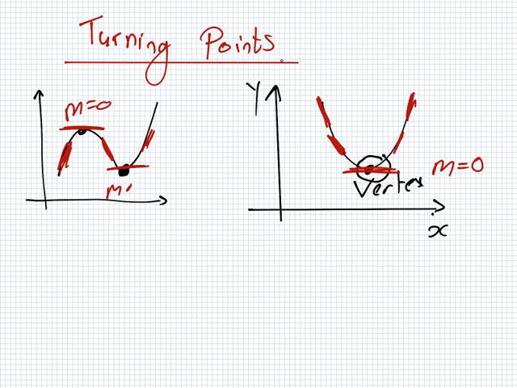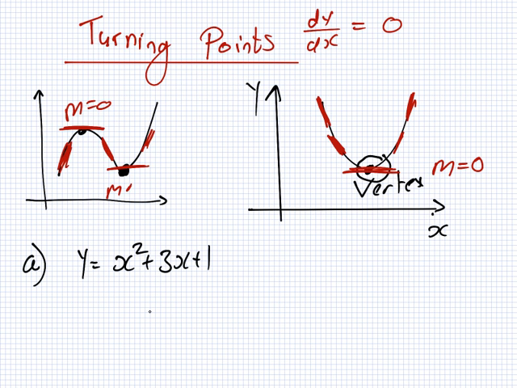So do you notice what's in common with turning points is that the derivative at the turning point is always equal to 0. And that's the key for this lesson. That's how we can find turning points. So for example, let's say you had y equals x squared plus 3x plus 1, and I want the turning point without completing the square, then I can just find where the slope is 0.